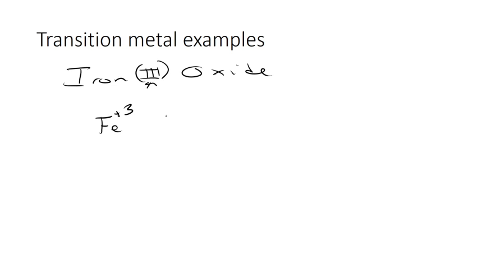And oxide, oxygen, -2. Again, we use the same trick. 3 will come down here, 2 here. Fe2O3. Check. Our subscripts can't be reduced. All there is to it.